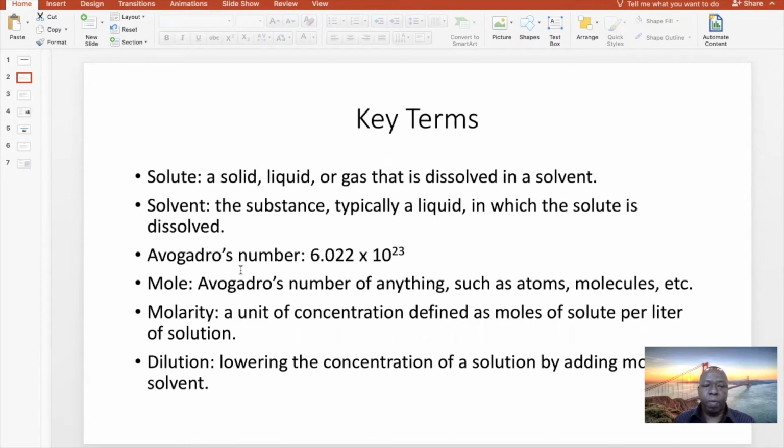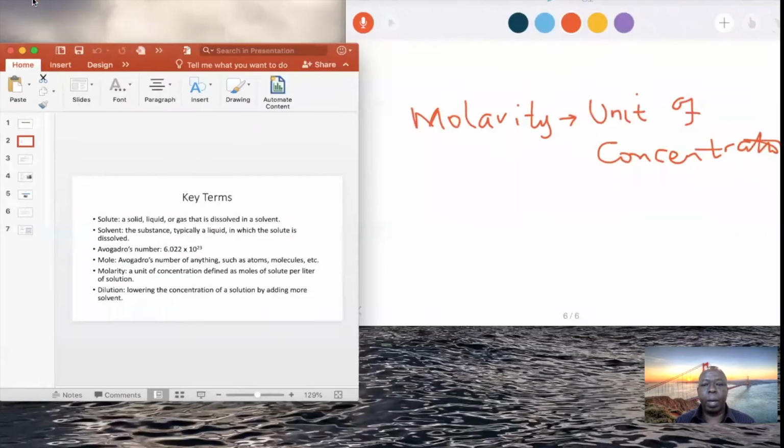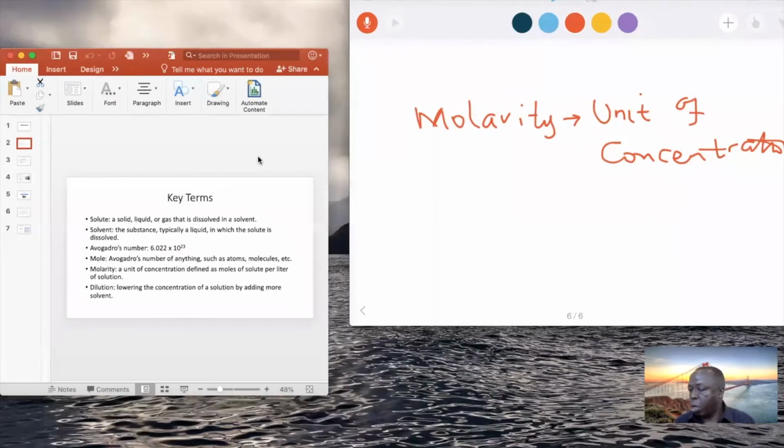If you have the Avogadro number of items, you talk about the mole. I don't want to go into details about the Avogadro number, but the relationship between mole and molarity has to do with how we calculate the molarity of solution.